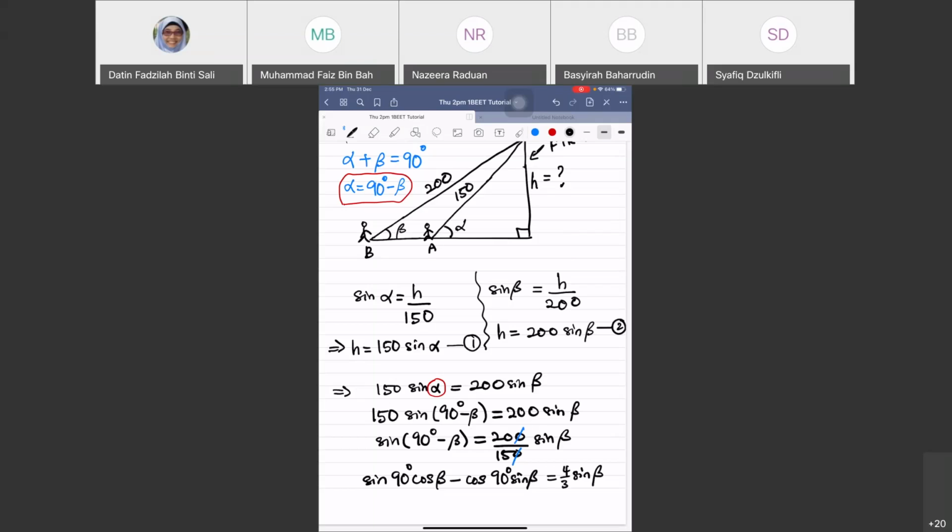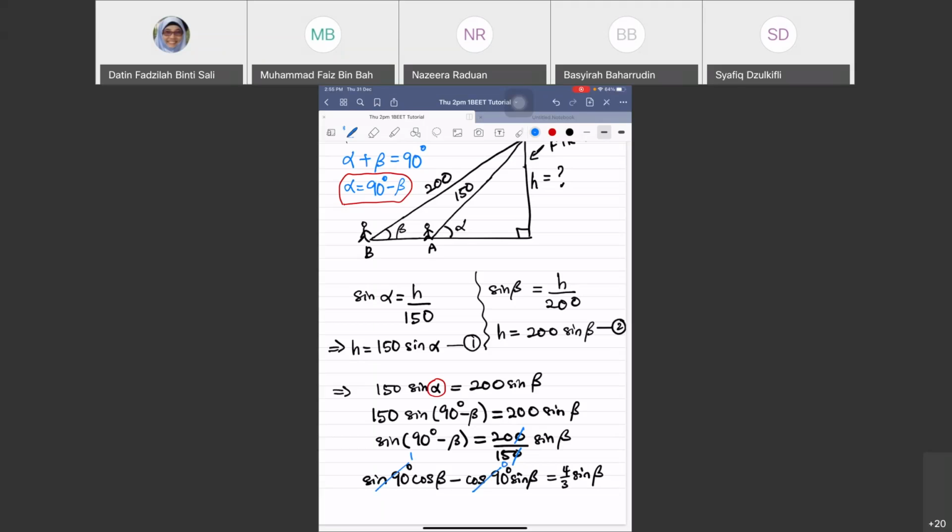Then you can simplify further. What is sine 90 degrees? Sine 90 degrees is 1. What about cosine 90 degrees? Cosine 90 degrees is 0.